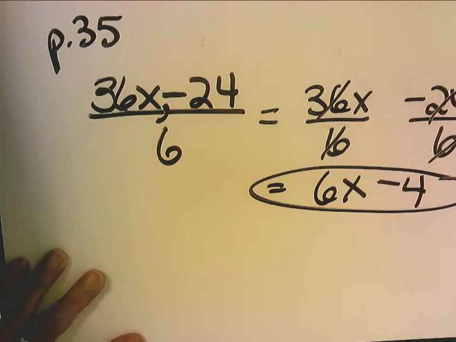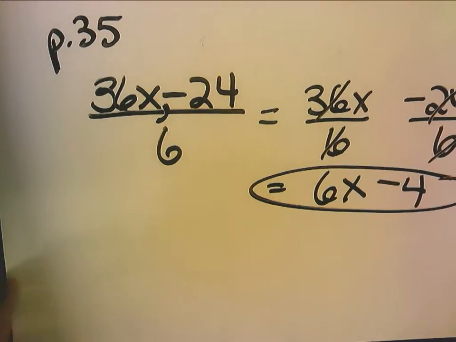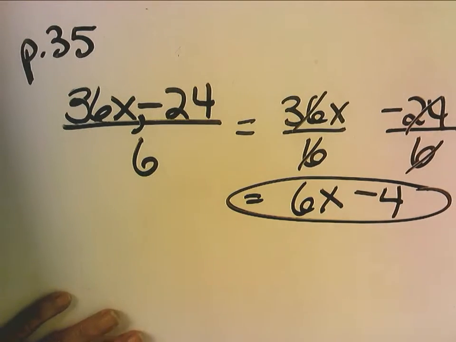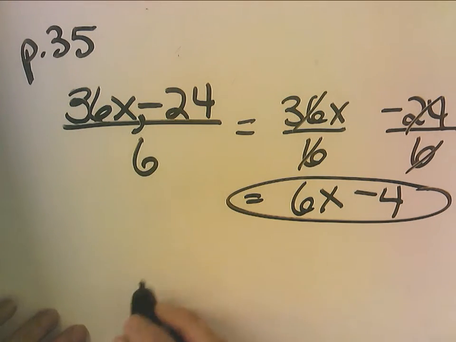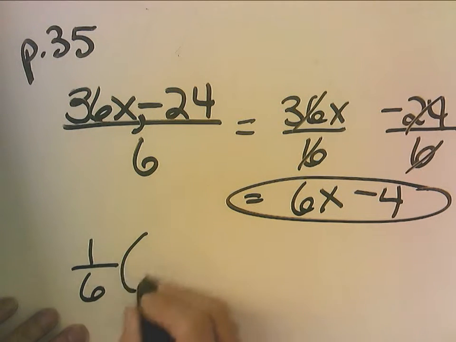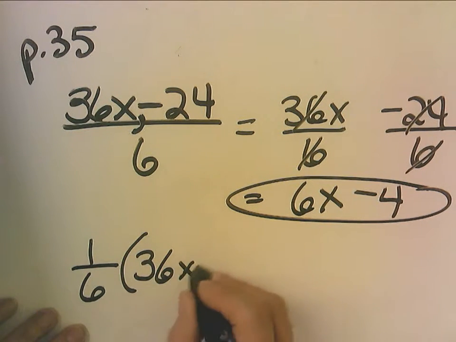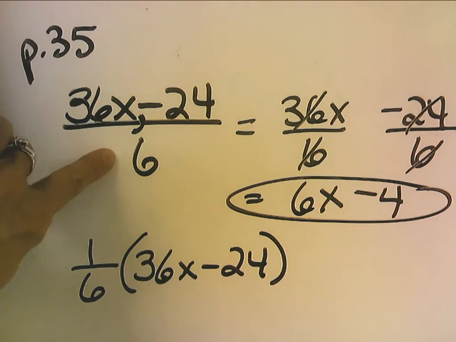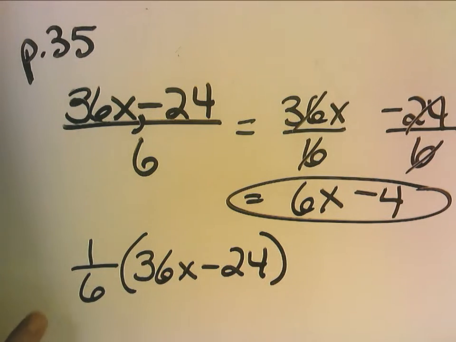The other way you might do this is you might say, okay, I know dividing by 6 is the same as multiplying by 1/6. So instead of writing it as divided by 6, I'm going to write it as multiplying by 1/6.